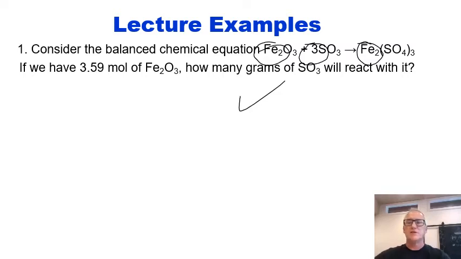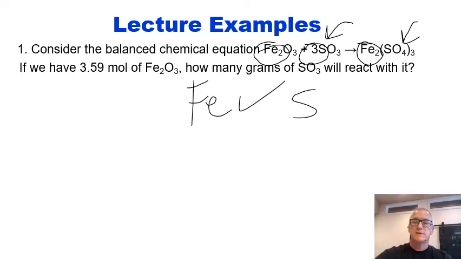So I check my sulfur. I've got 3 sulfurs here. And I've got 3 moles of sulfate ion, and there's 1 sulfur in each sulfate, so 3. So Fe is good, sulfur is good. So I've got 2 irons, I got 3 sulfurs.